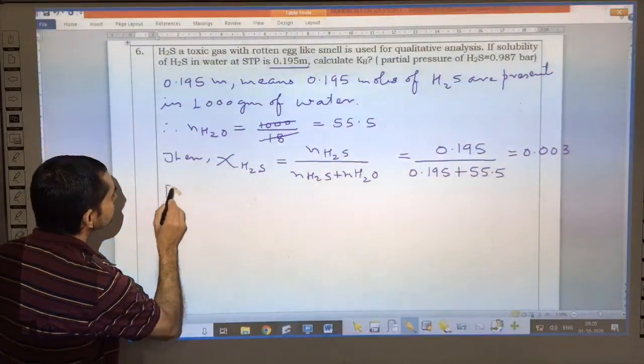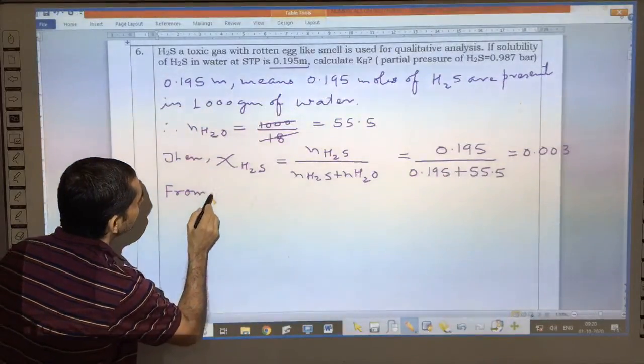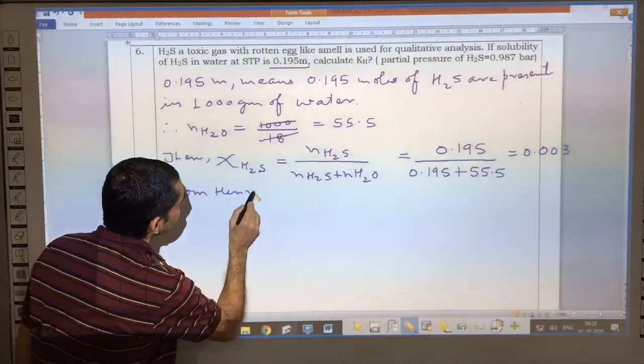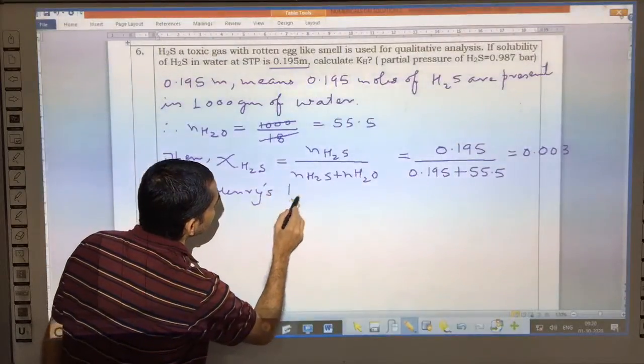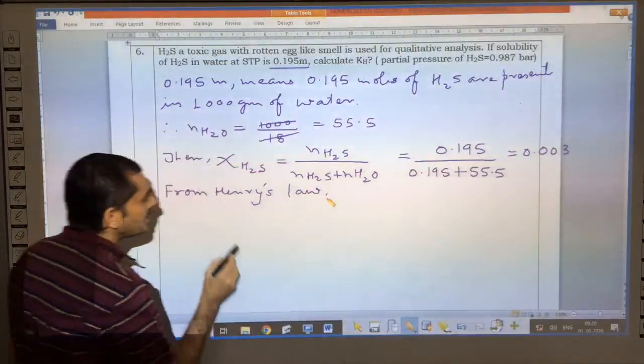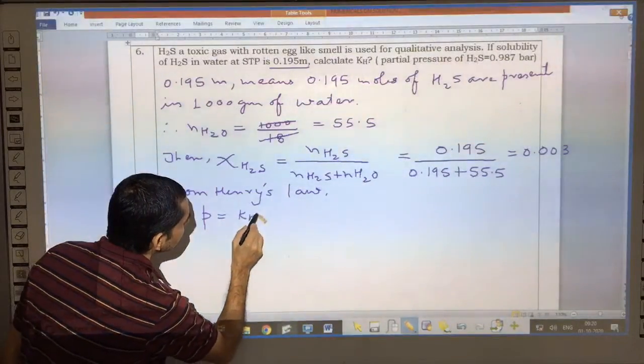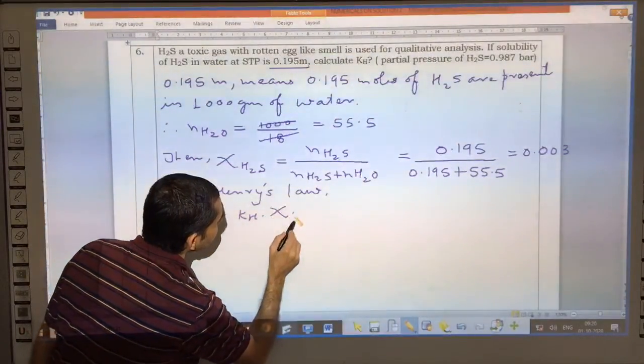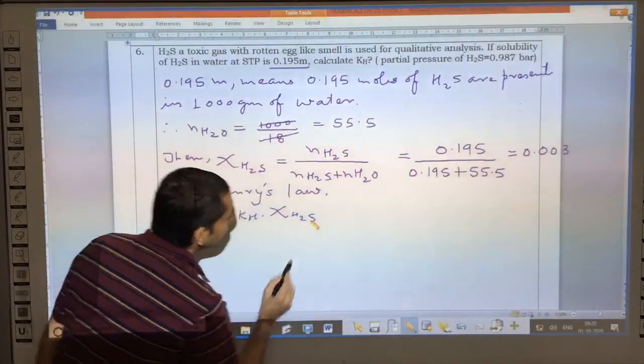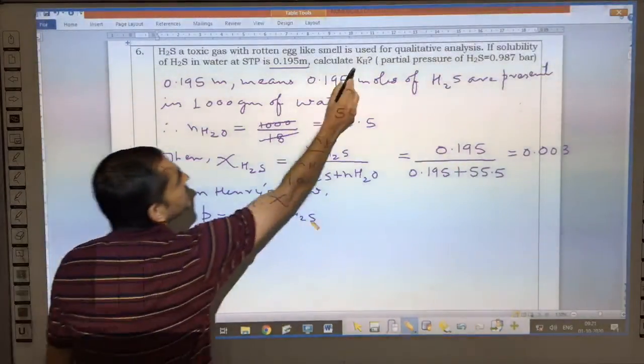From Henry's law, you know Henry's law very well. Partial pressure is equal to Henry's constant multiplied by mole fraction of H2S. In this numerical we have to calculate KH.